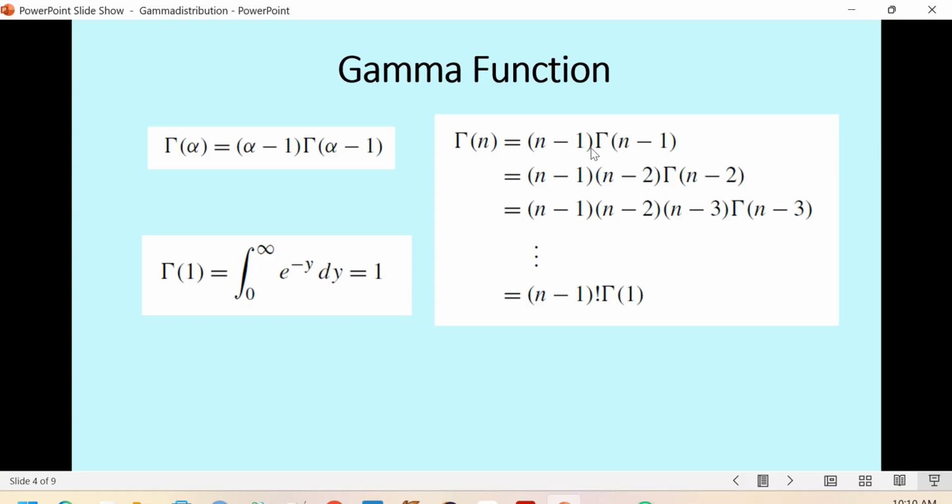Then it iterates until gamma 1. So gamma n, where n is the same as alpha, equals n minus 1 factorial, times gamma 1. And gamma 1 is 1. So it's very interesting.